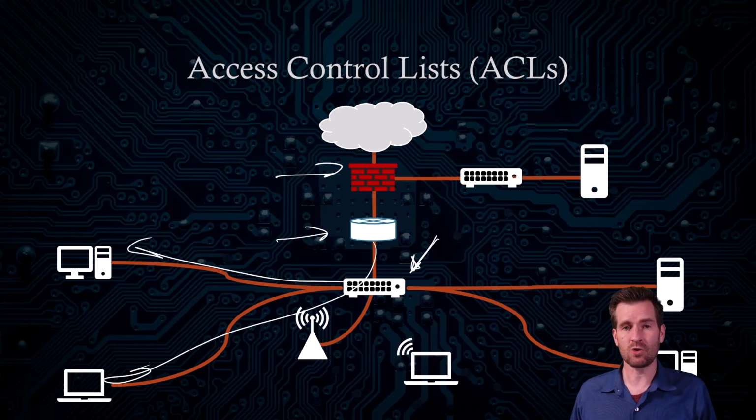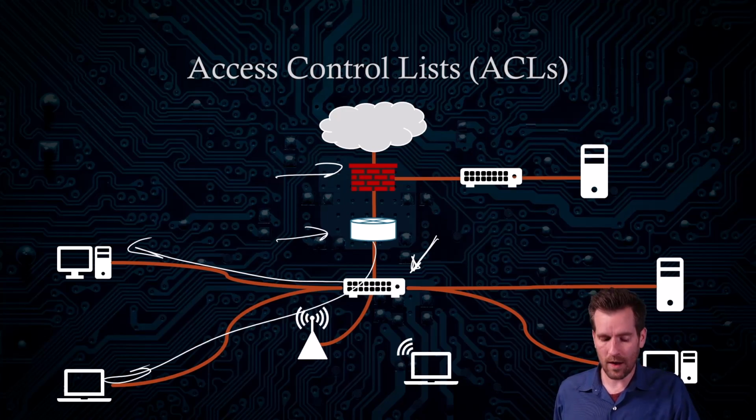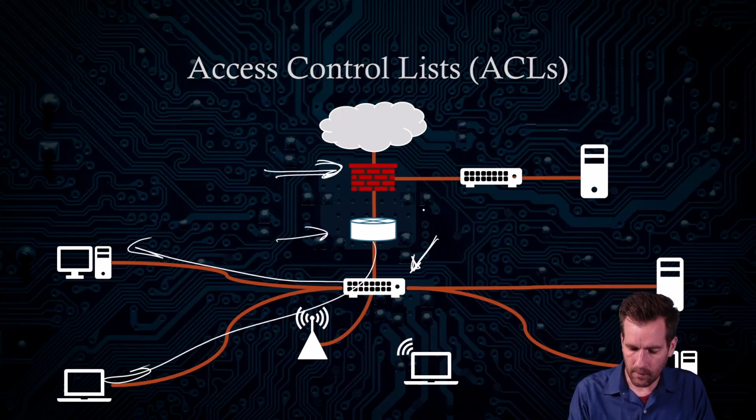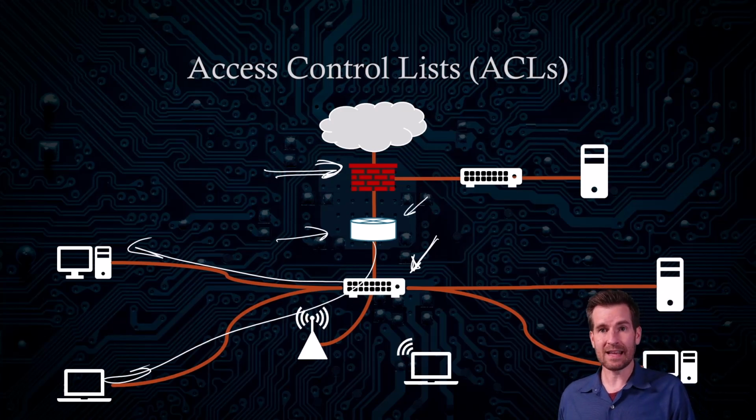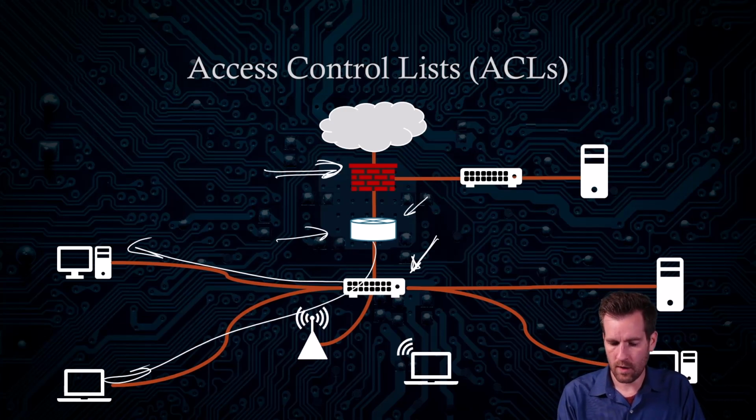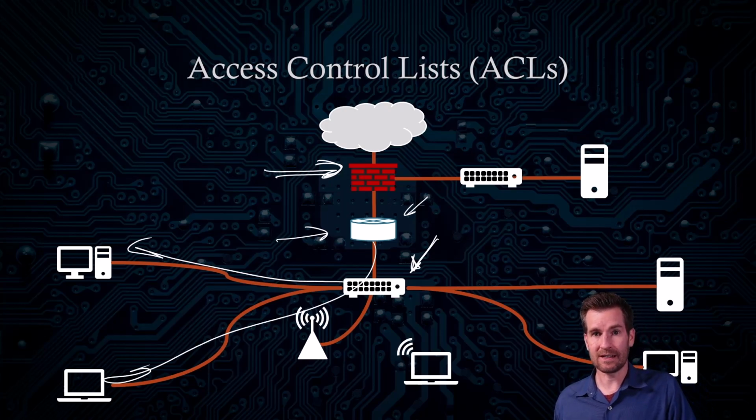We can also use ACLs to define what's going to go through a VPN on our firewall. We could use it on a router for packet shaping and policing, or we could use it as control to our different networks. So we want to maybe block or allow certain traffic to different devices on the network. So ACLs have a lot of different purposes.